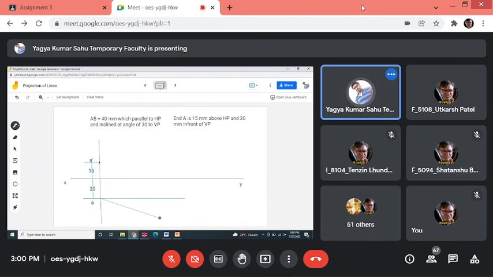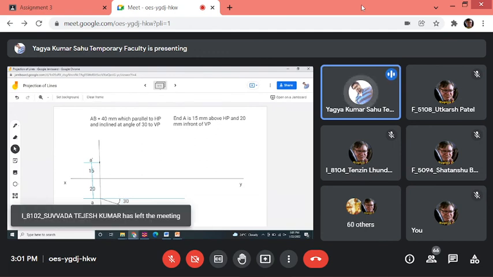What about the name of this particular point? It will be B. And this inclination is nothing but 30 degree, true inclination, which is given. Why are we drawing these things? Because the line is parallel to HP. That's why the length of AB will be equal to the length of the line, 40 mm, and the inclination will be true.